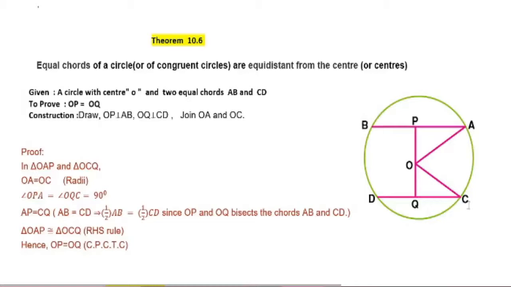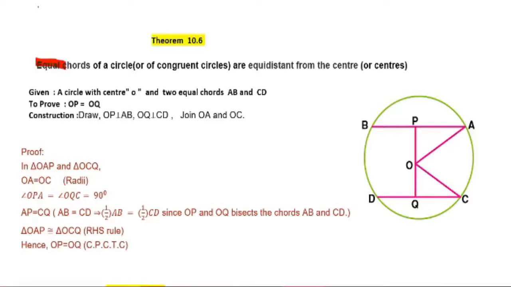Here you can draw the figure. You can draw 2 chords AB and CD. So these 2 things are given. We are given a circle with center O and 2 equal chords. That is important, the equal chords. The chords are equal, so you can underline these 2 equal chords.